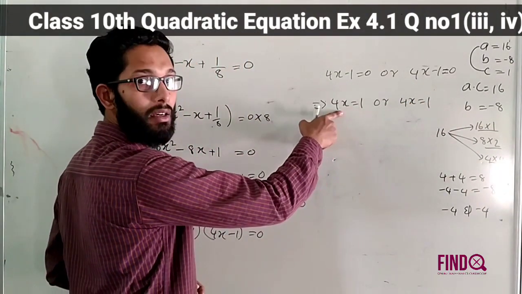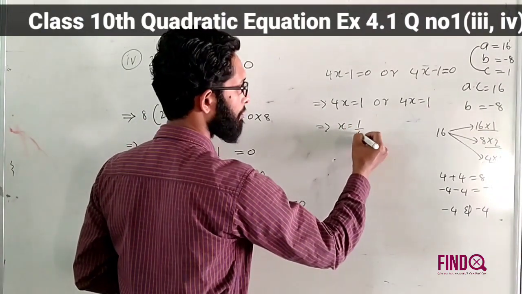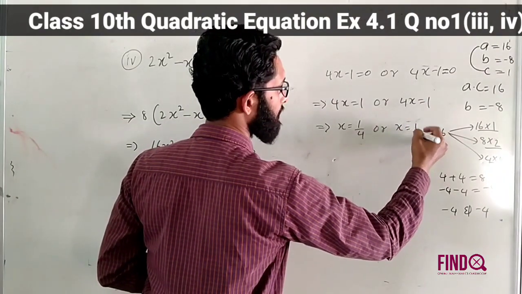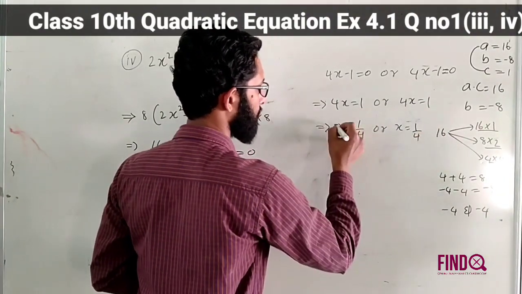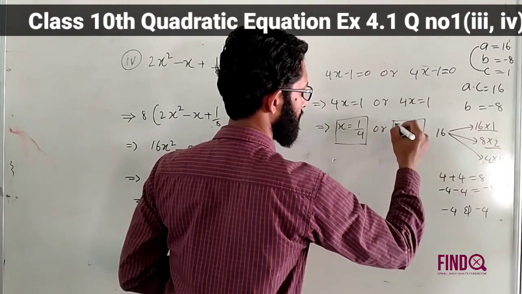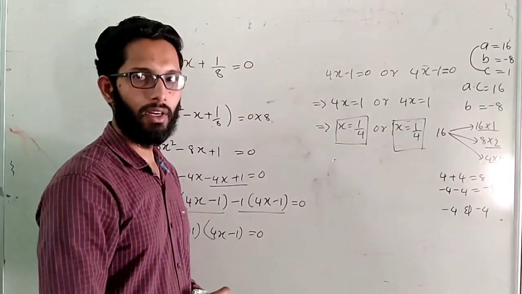Now change the multiplication; after changing it becomes division. Therefore x is equal to 1 by 4 or x is equal to 1 by 4. So this is the root of the given quadratic equation: x is equal to 1 by 4 or x is equal to 1 by 4.